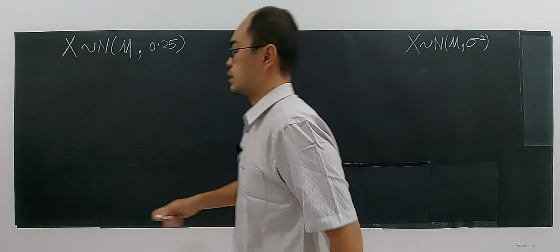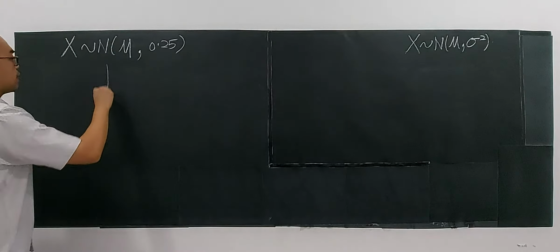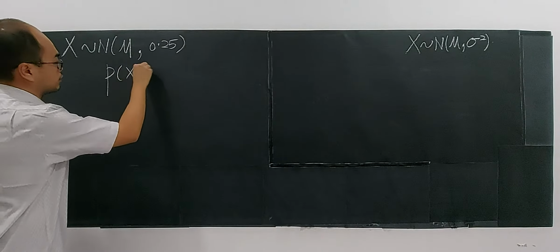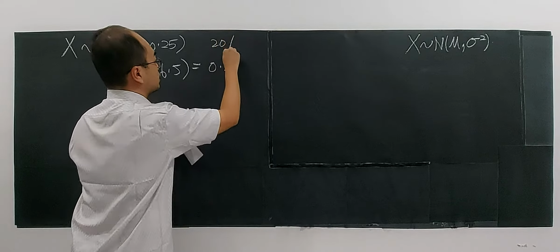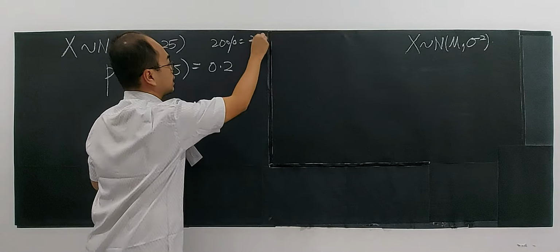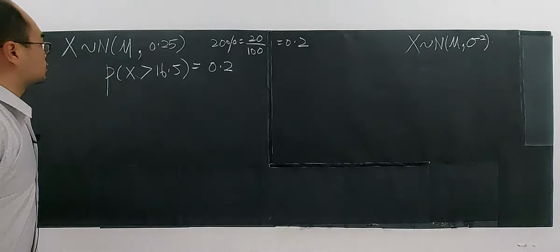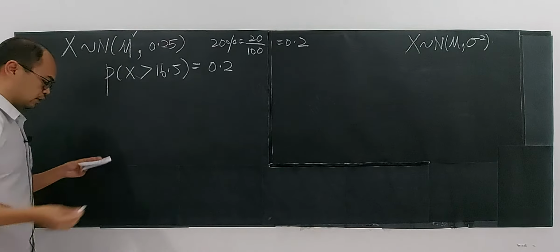It means that 20% have mass greater than 16.5 grams. 20% is 20 divided by 100, which is 0.2, right? So they want us to find the mean mass of the box.